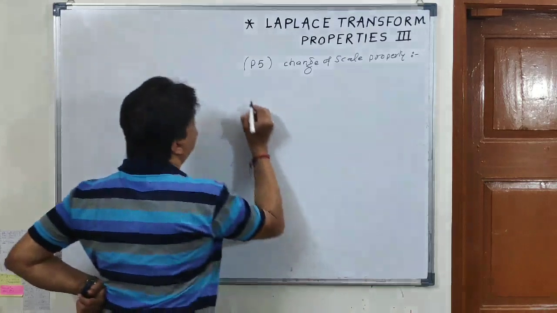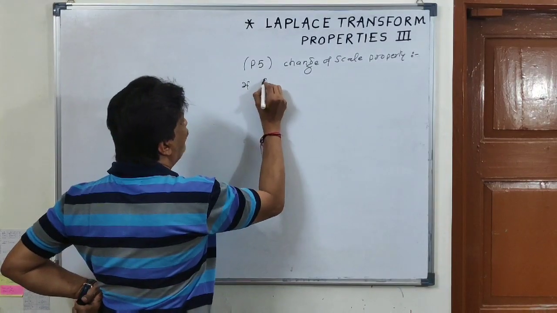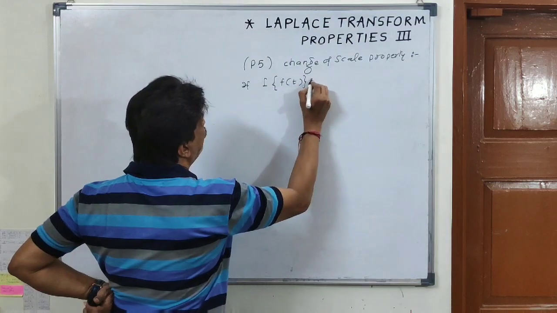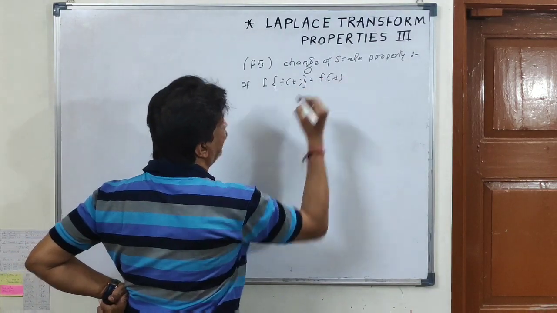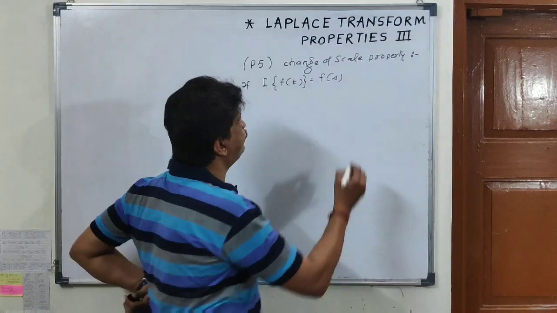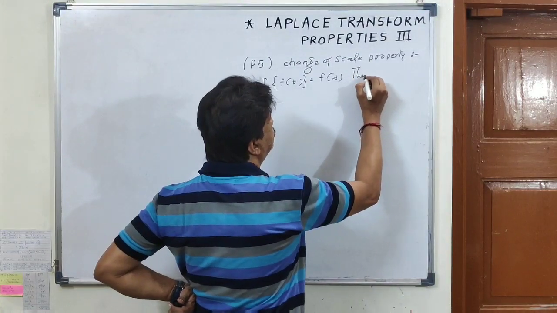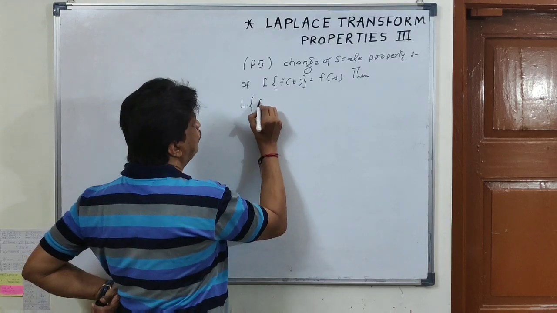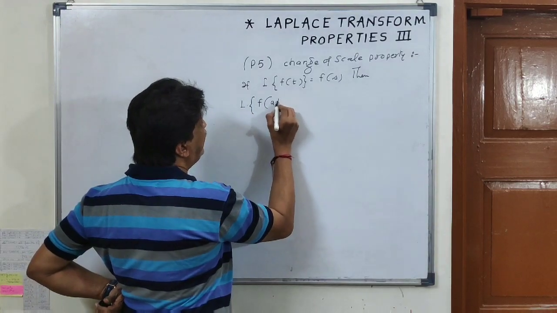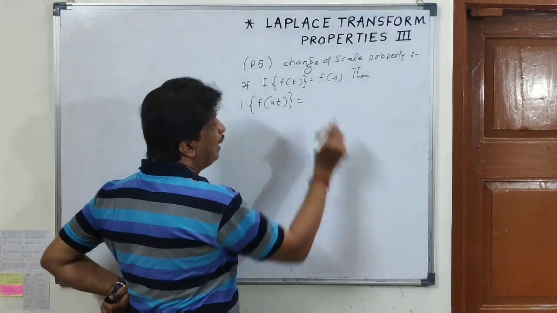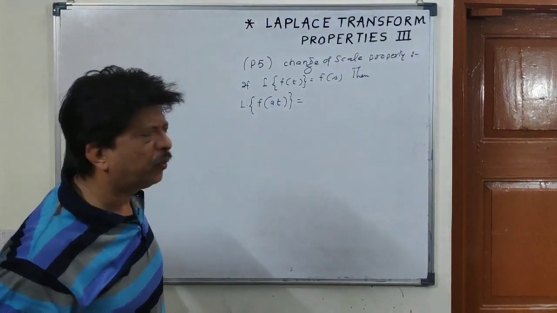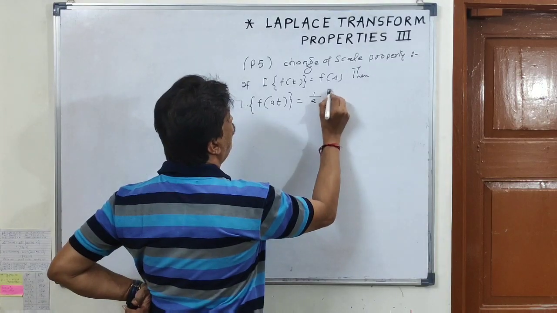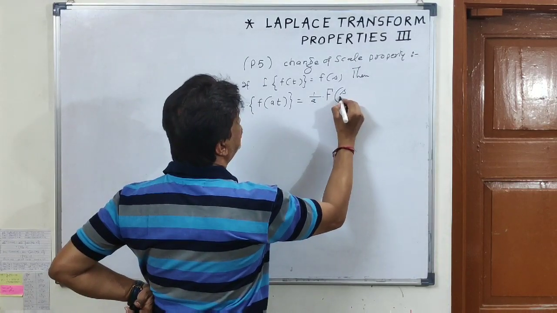If Laplace transform of f of t is f of s, then Laplace transform of f of at can be directly written as 1 upon a into f of s by a.